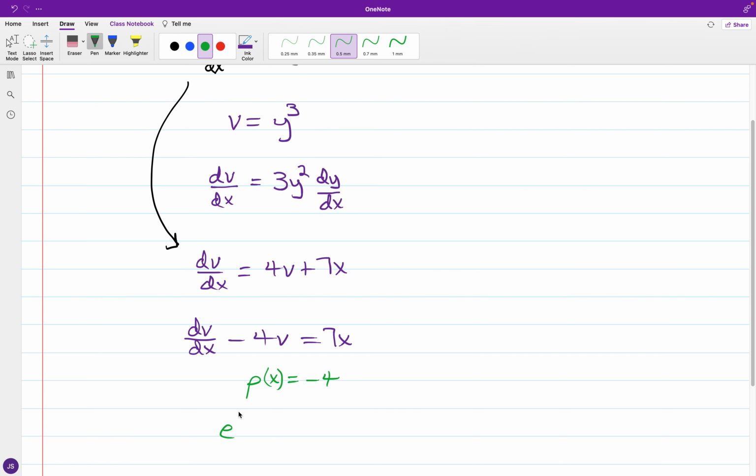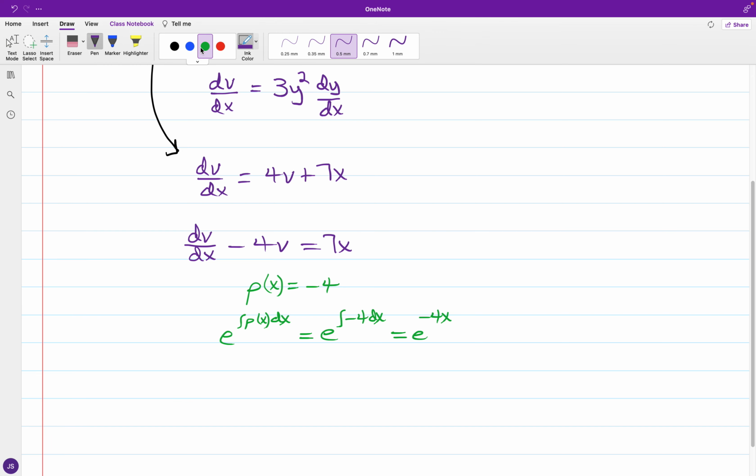And for the integrating factor, I have e to the integral of rho of x dx. That is equal to e to the integral of negative 4 dx, and that is equal to e to the negative 4x.